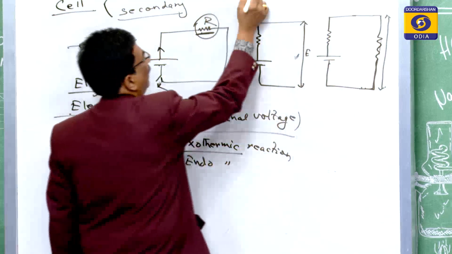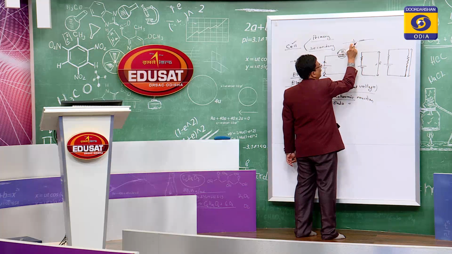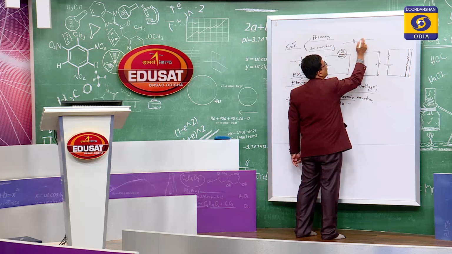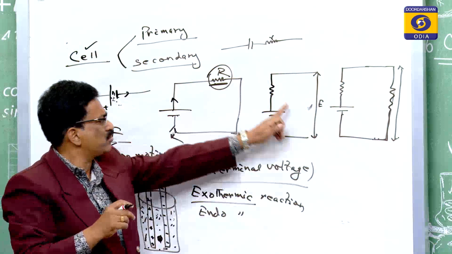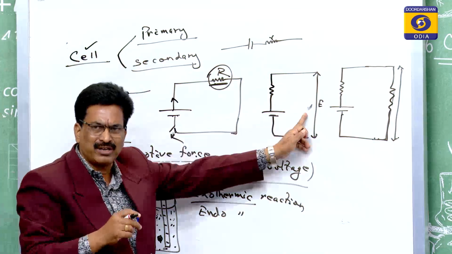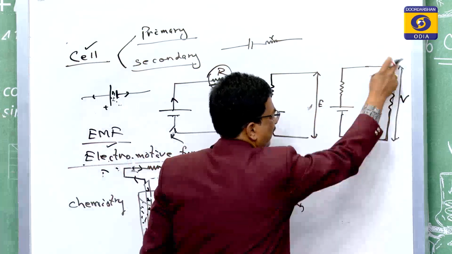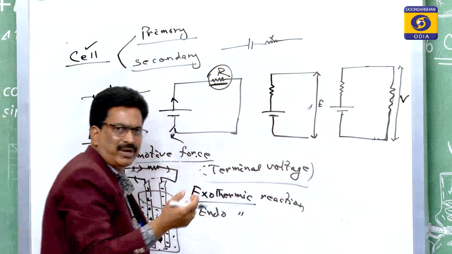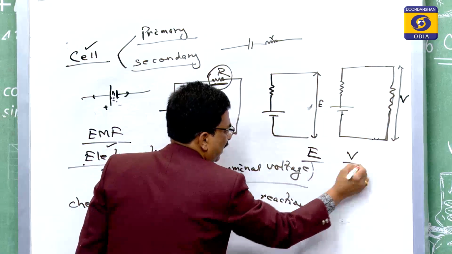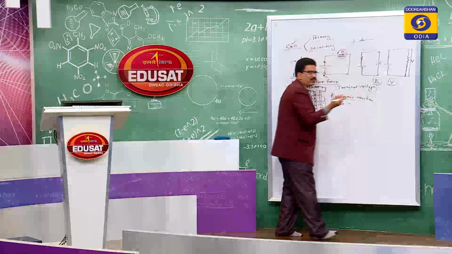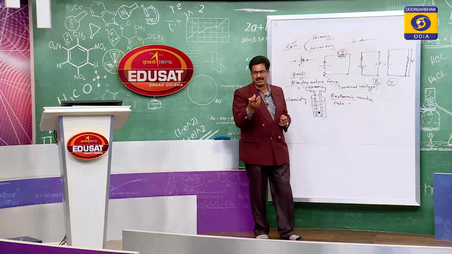A cell is represented like this one or with a resistance. This resistance is the internal resistance which is present inside. So, this figure indicates the EMF, and this one will produce the potential difference across the two ends. So, EMF is E, potential difference is V. Out of these two, which one will be more? You just think over that, then we will discuss what will happen.